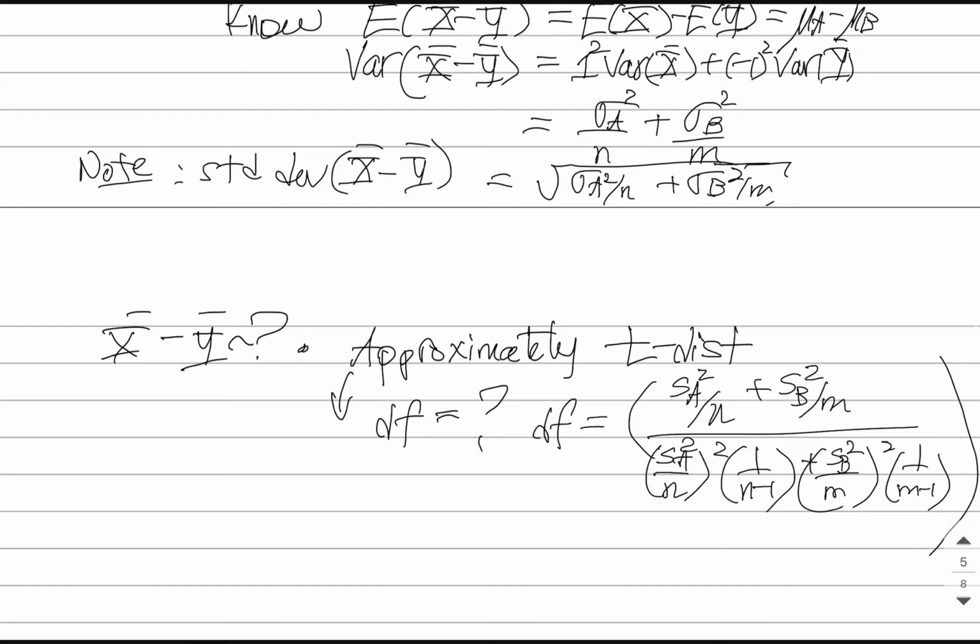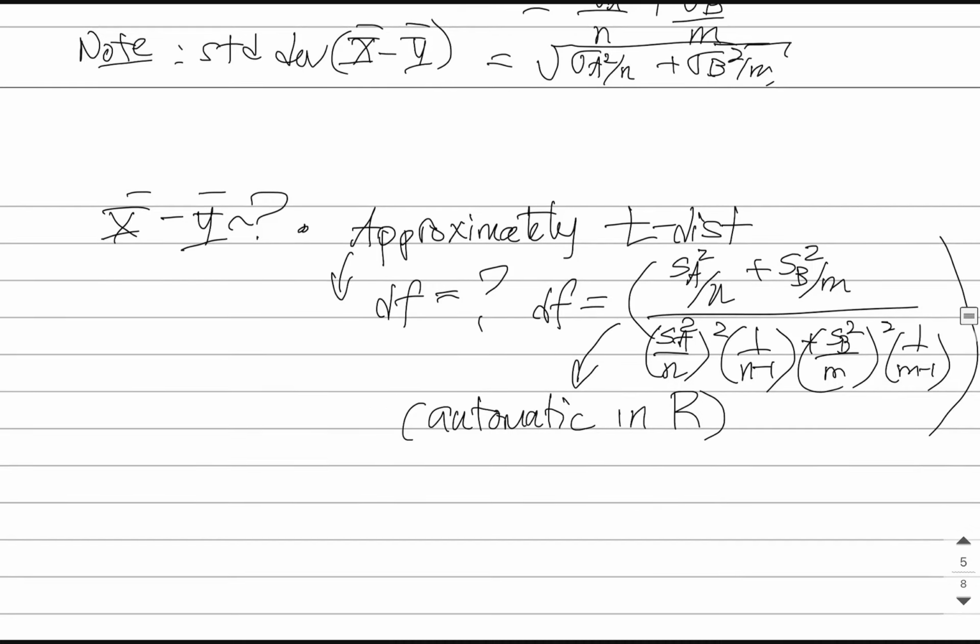In the olden days when they did it by hand, they would just take the smaller of the two individual degrees of freedom and say that's it, because it was convenient to do, but it's less accurate. We are going to be using R to perform all of our calculations, so everything here will get automatically calculated. So this is automatic in R. Don't memorize the formula. Don't worry about it. We will never use it.